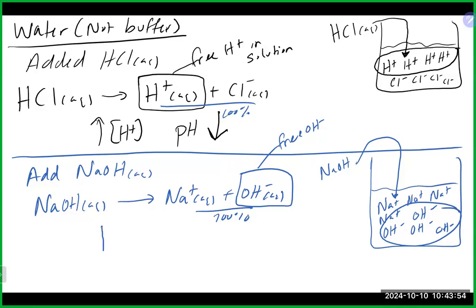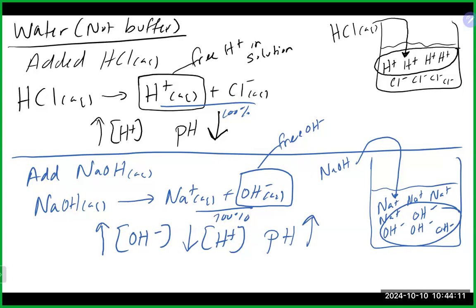As we see in this example, the concentration of hydroxide will go up. That means the concentration of H plus will go down, and the resulting pH will then go up, right? So here again, we would see a fairly significant jump in the pH. Maybe again, it starts at 7 and jumps up to 10, 11, 12, something like that. So a really big jump in pH.